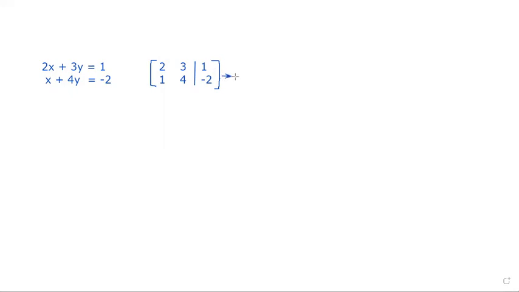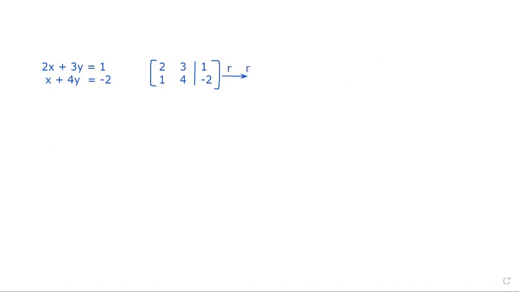Now, when we're doing elementary row operations and we need this row echelon form, I always like to have my ones in the top left corner because it's easy to maneuver. So the first thing I would do, I would switch row 1 and row 2.